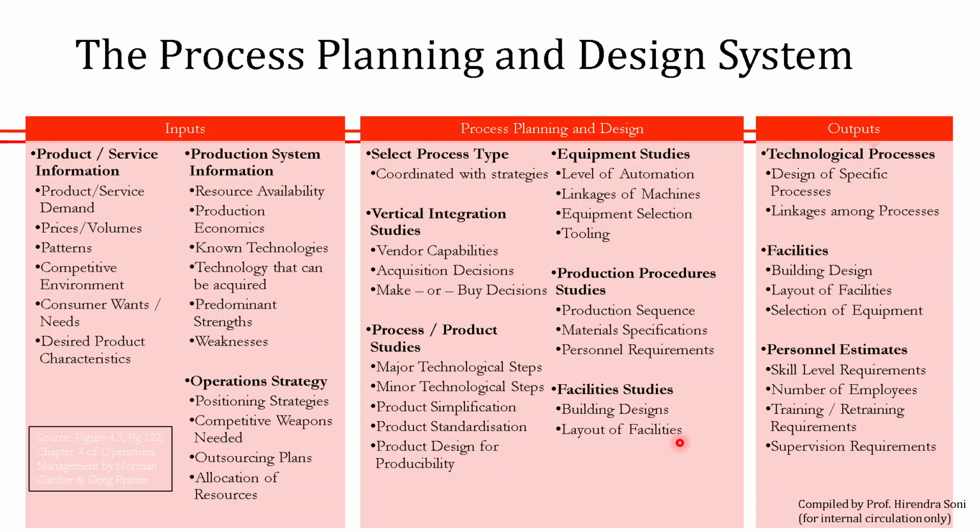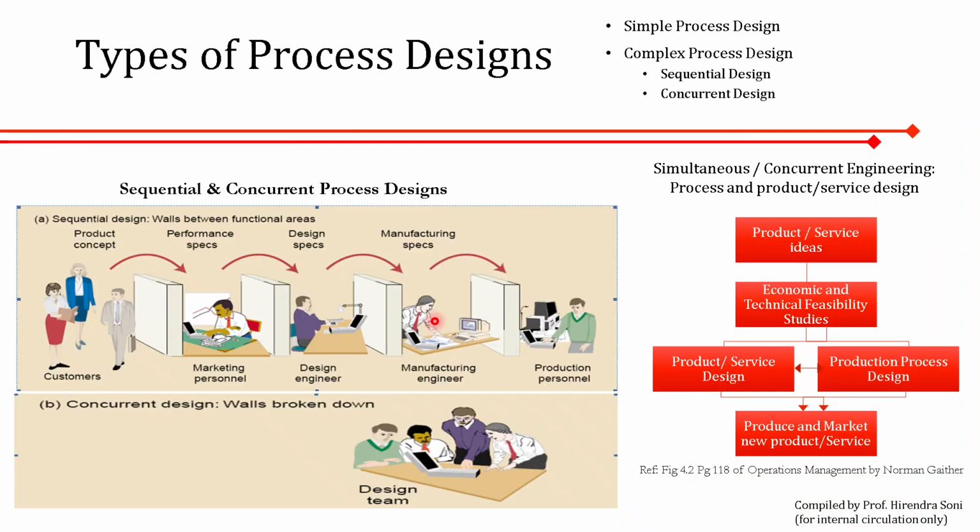It is given to the marketing personnel, who develops performance specifications, and those would be given to the design engineer. The design engineer will create the design specifications and share them with the manufacturing engineer. They will develop the product manufacturing specifications and give them to the production personnel, and actual production will be carried out. Now this is a sequential process.